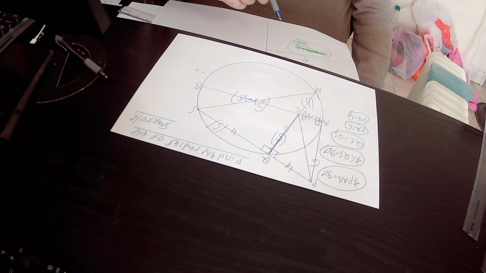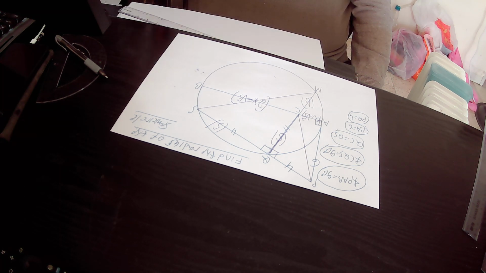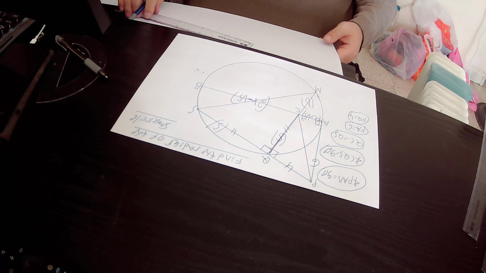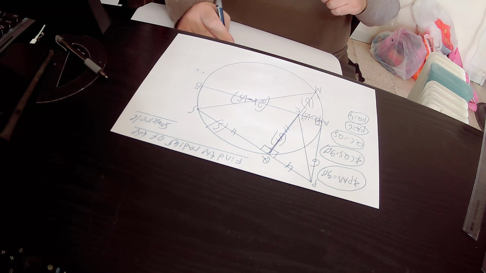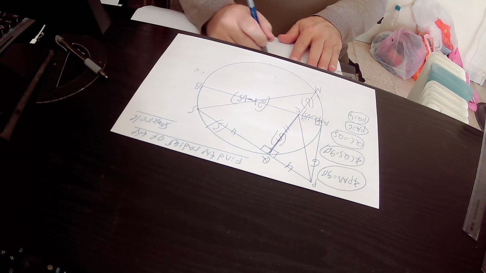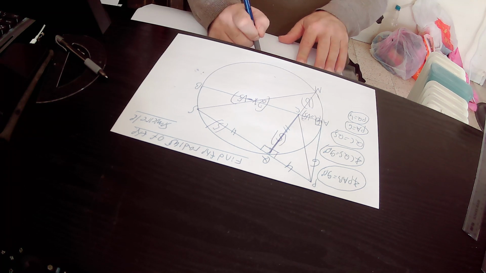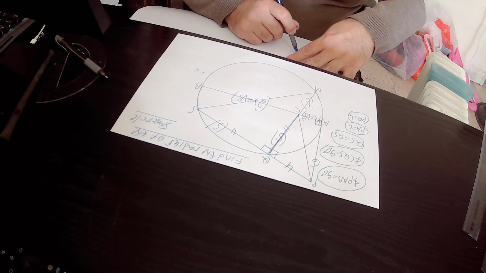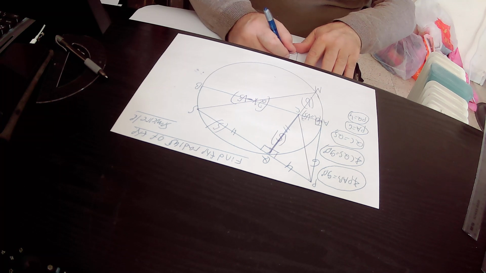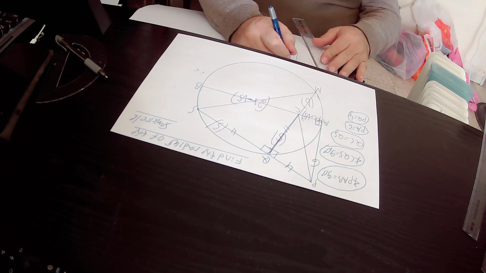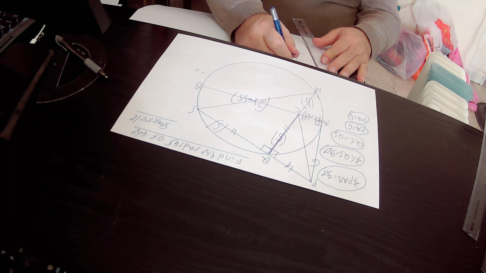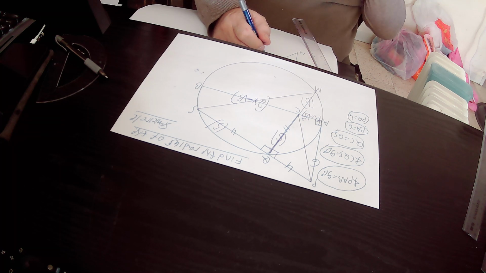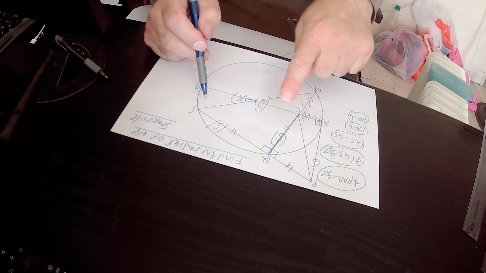In the next step, I will copy the right triangle MQS onto a new page, and we will implement the Pythagoras theorem on this right triangle MQS. Side QS equals 5 units.